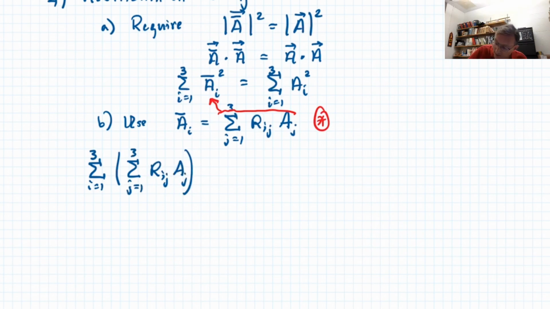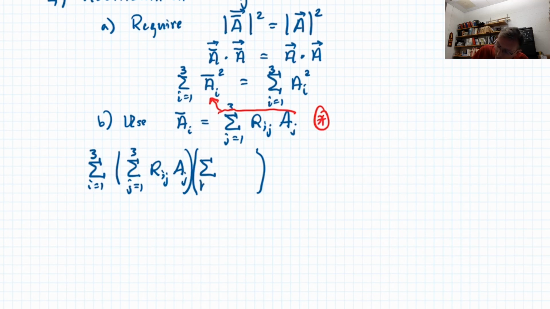So it's another sum like this. But I can't use the j sum again, because that's already been used. So I just have to use a different dummy sum index. Any letter that's not an I or a J is fine. I'll use K from 1 to 3, and then it will be R_ik A_k. Note that in the second parentheses, K plays the same role as J in the first parentheses.